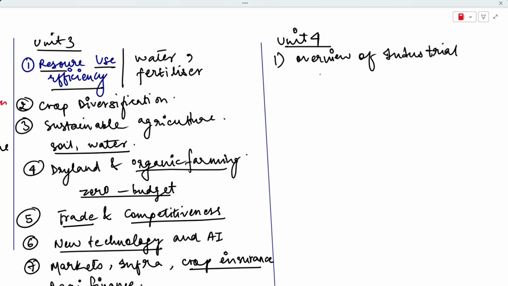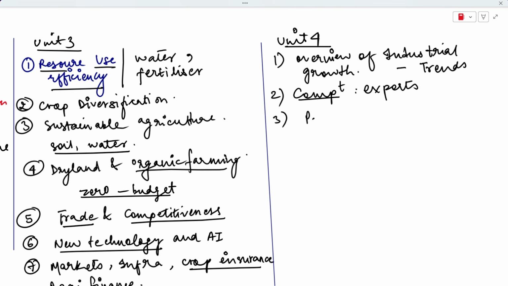This topic will discuss how Indian industry has grown since independence and what the trends are. Then we have competitiveness again: how competitive is Indian industry domestically and in exports? This is what we're going to talk about in competitiveness, right?